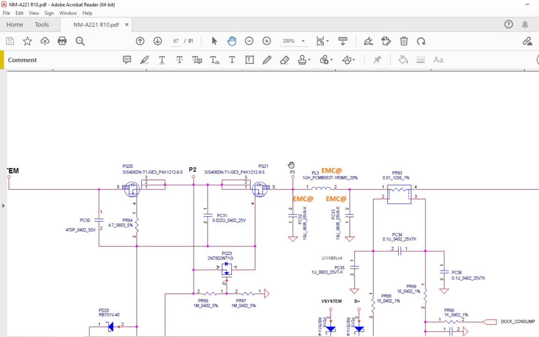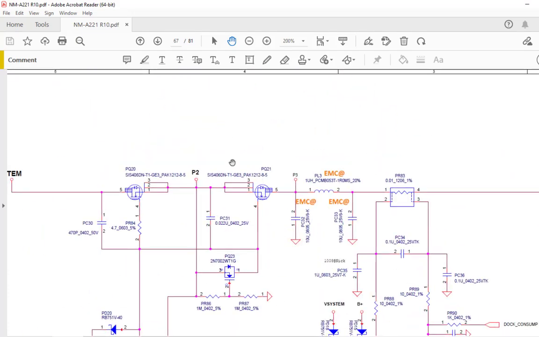Most of the cases we are seeing practically that this MOSFET gets short, and because of this your laptop will work on the adapter, your laptop will work on the battery, everything will work, but the only thing is your battery won't charge. It will show the battery is detected, but the battery won't charge. So in the cold test you can check this MOSFET, and most probably this MOSFET gets short, so that is why this problem.